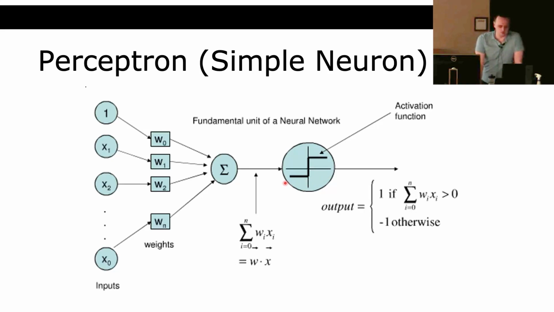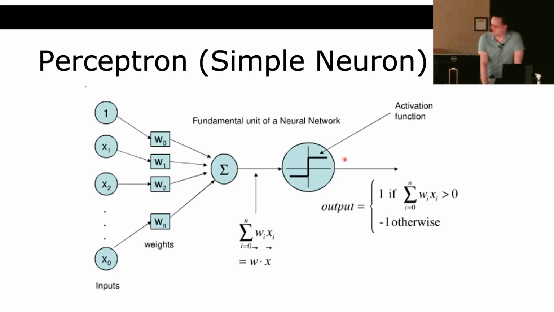So the output is 0, this bottom line, if this condition is true, otherwise the top line is a 1. So this is a step function, and this will be important later. That activation function is what determines the output. We take a dot product, we do this comparison, which is this step function, and then we get our output.